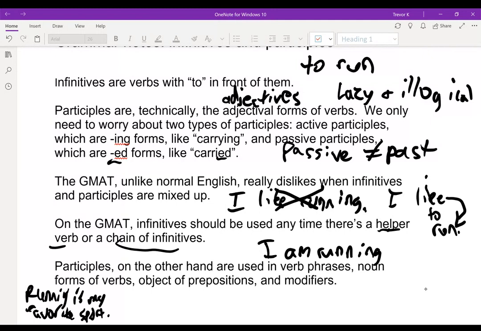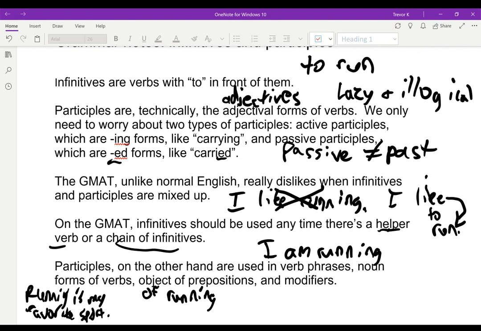Objects of prepositions. My goal of running a marathon by the end of this year is seeming unlikely, right? My goal of running. So, of running, remember prepositions are words like of, above, in between, below, whatever.